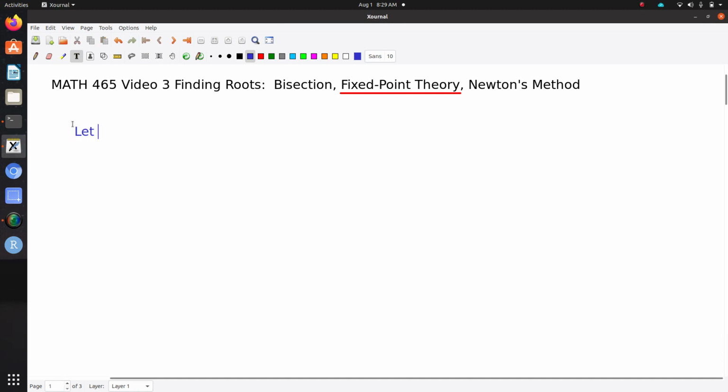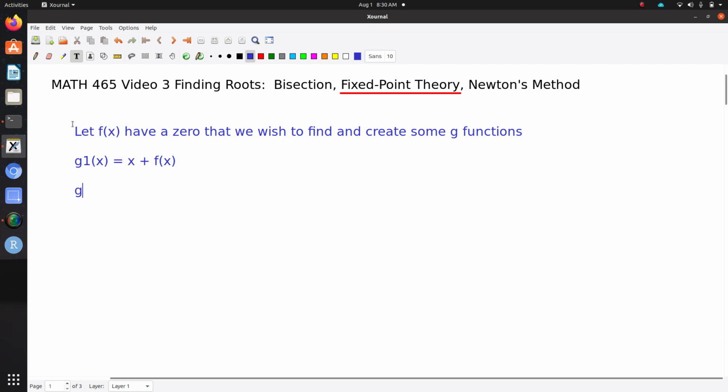Let f of x have a 0 that we wish to find, and create some g functions. I'm going to create 2 of them at the same time, just to save time. g1 of x is going to be x plus f of x, and g2 of x is going to be x minus f of x.